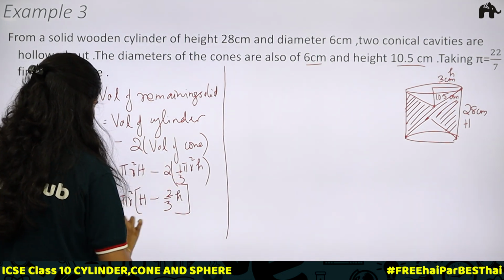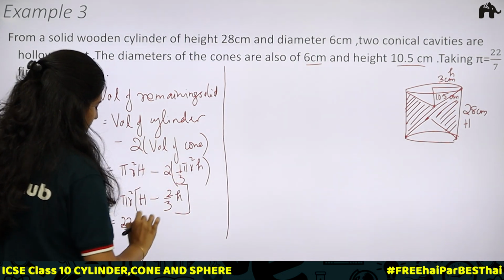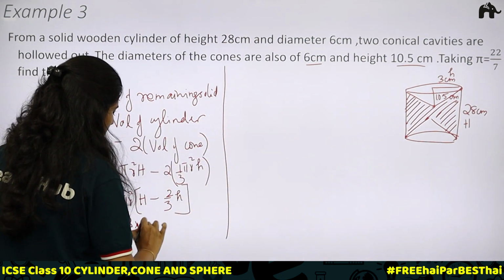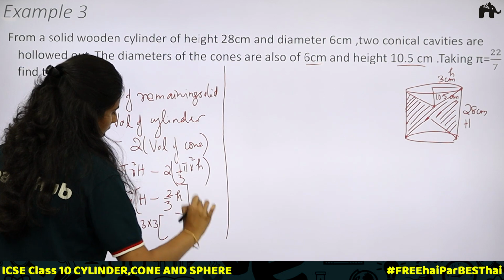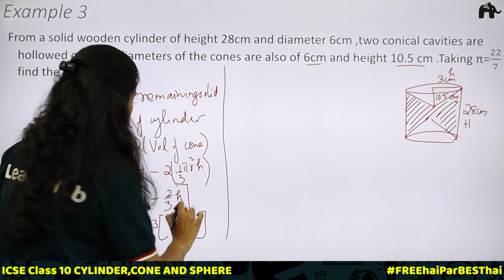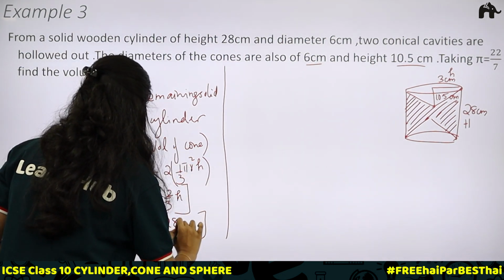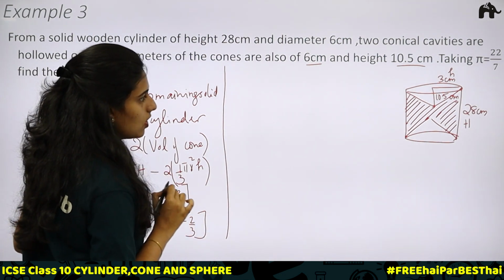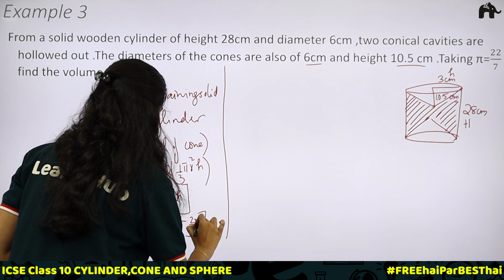Now put the values. We are asked to take the pi value as 22 by 7. Into r square, which is 3 into 3, into capital H, which is 28, minus 2 by 3 small h. Small h value is 10.5.